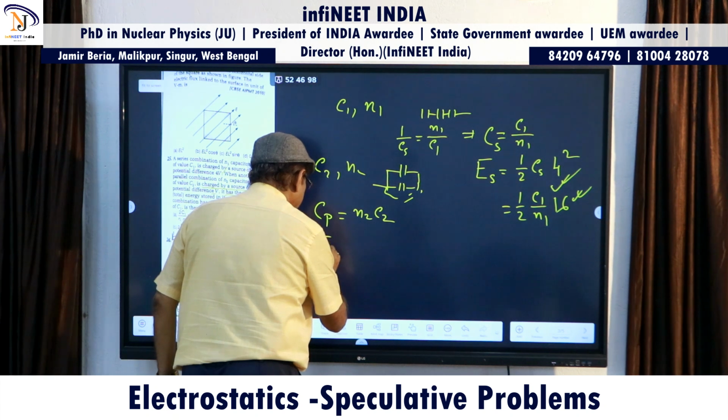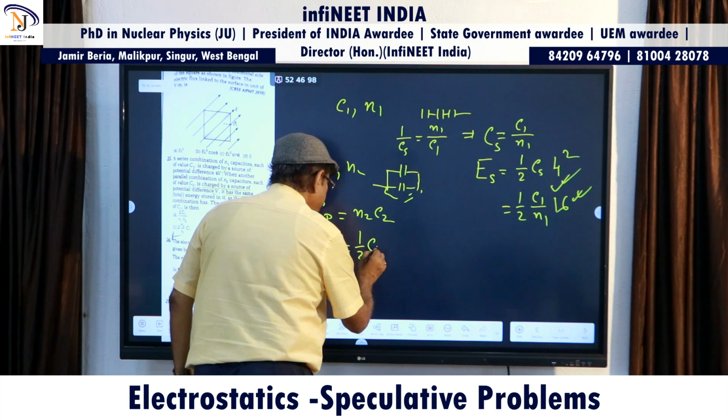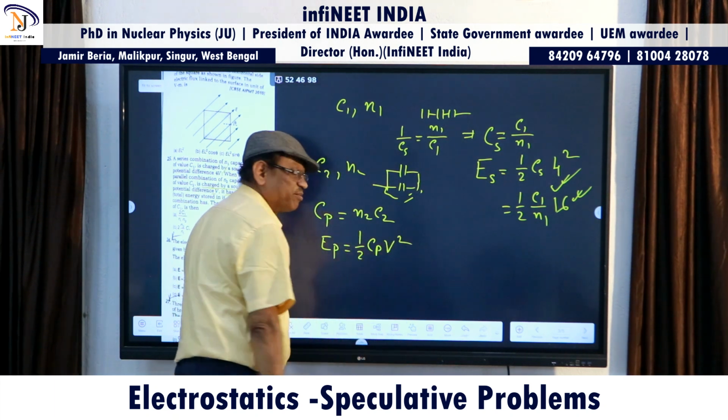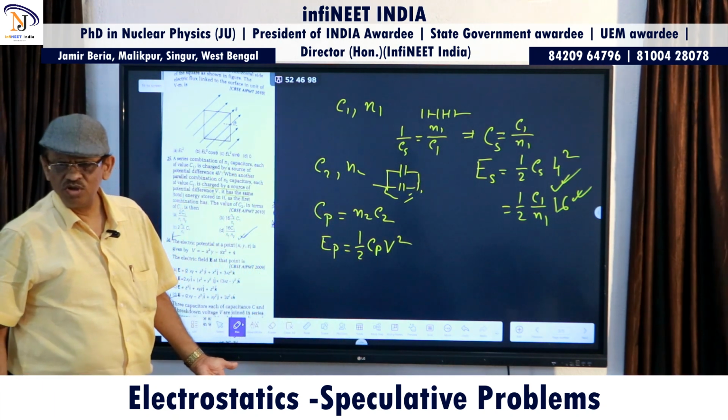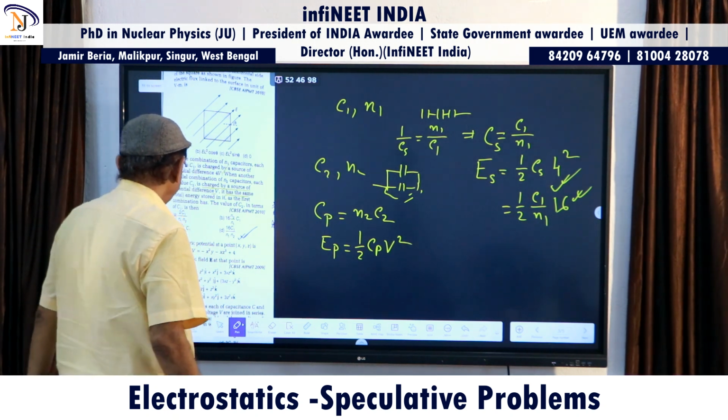Then E parallel equals half Cp into V square. Same energy stored. What you have to find?